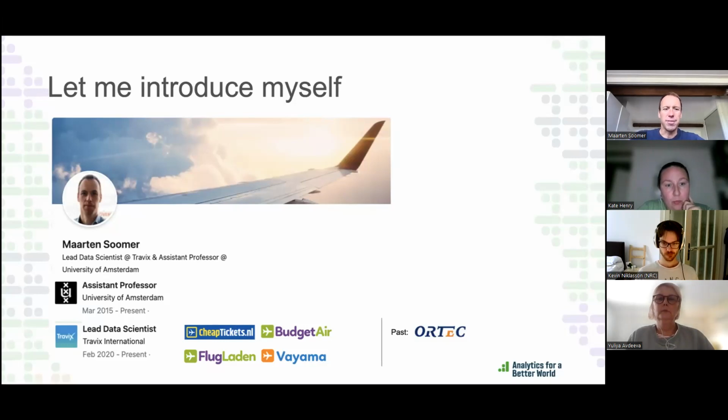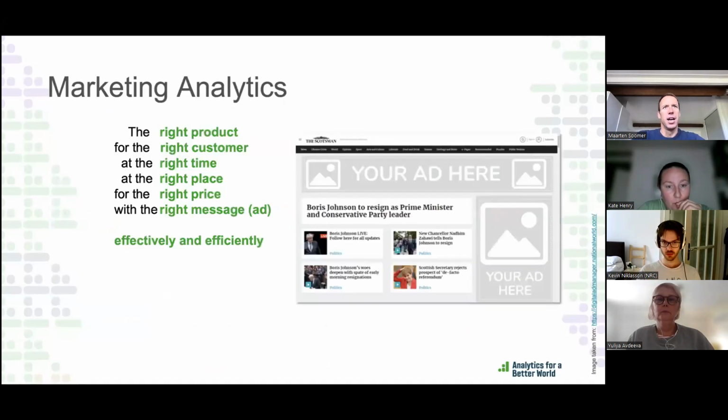But enough about myself. Let's go to the topic of today, marketing analytics. A lot of marketing analytics comes from the online advertising world. You can imagine parties like Google and Facebook who manage all the online advertising. There's a lot of data science involved there.